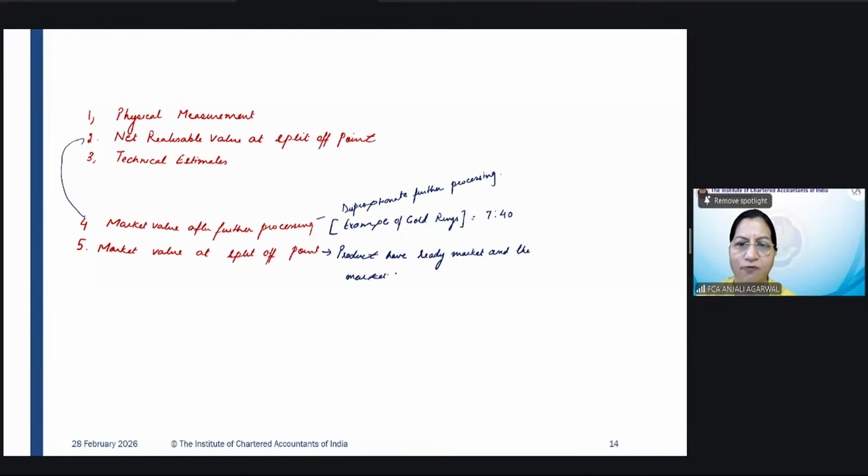If the market value of the product is known, it will be a good method. So we can see here also we got the ratio of 1:1, which is the best ratio.